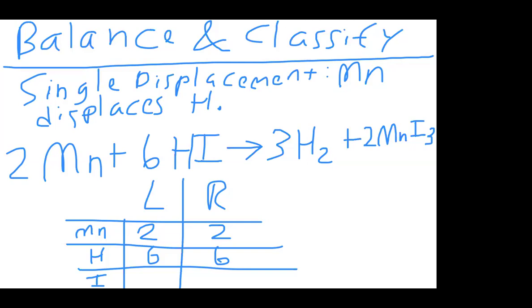And then iodines on the left side? 6. And on the right side? 3. So 3 times what? 6. Okay, 3 times 2 gives us 6. All right, so we've got 6 iodines on both sides. So is this equation balanced, scholars? Yes, sir. Okay, very good.